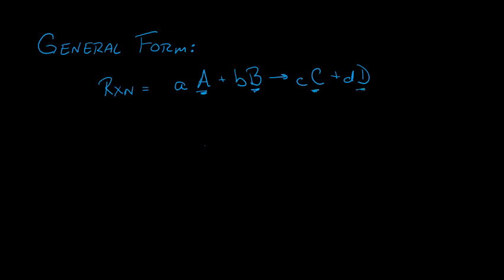Capital C and D are the product species, and the lowercase letters a, b, c, and d are the stoichiometric coefficients.